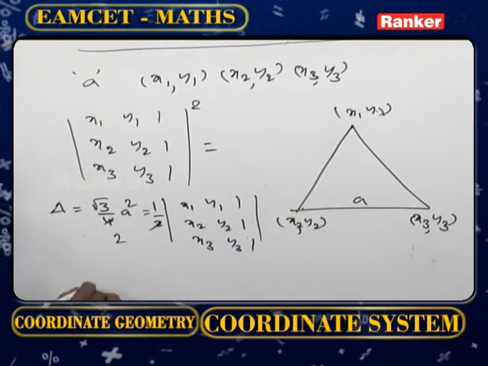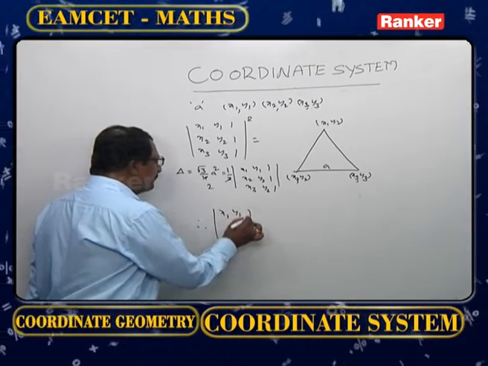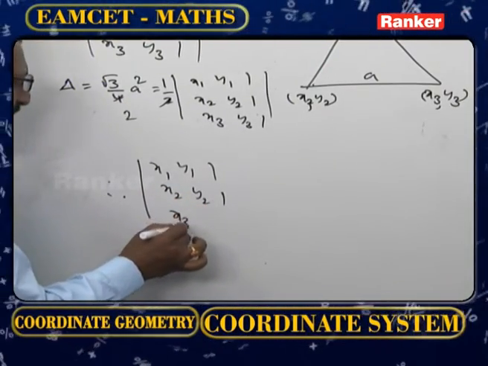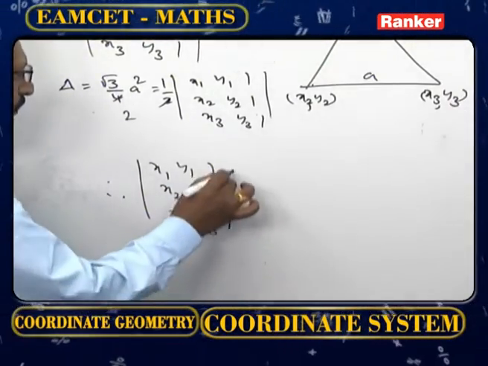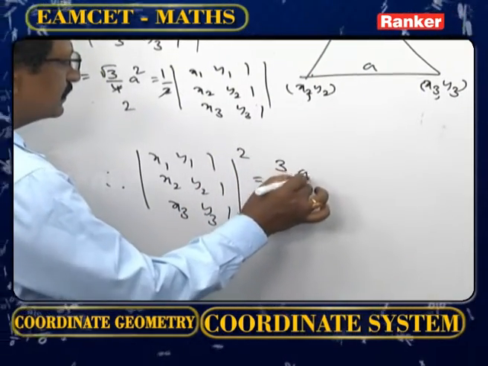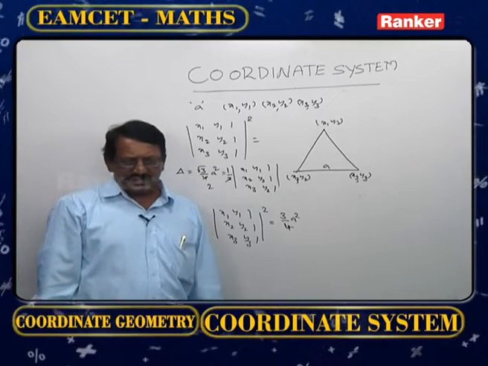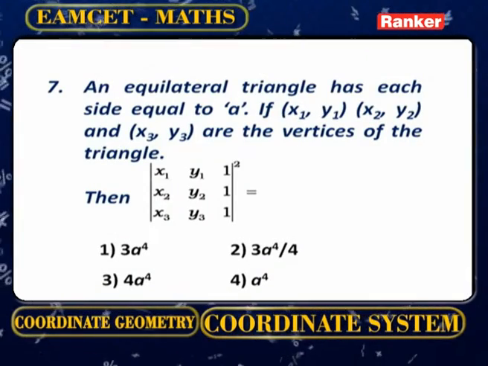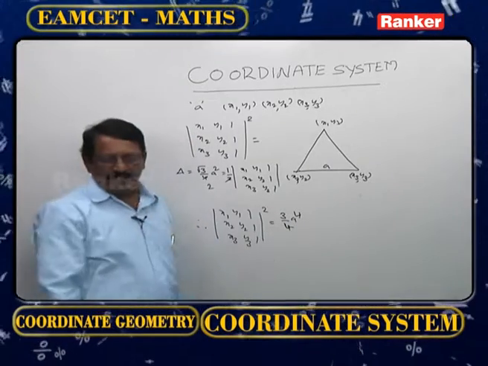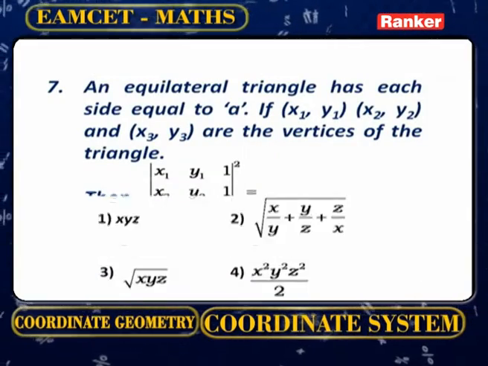Squaring on both sides, we get the determinant of x1 y1 1, x2 y2 1, x3 y3 1 whole square equals 3 by 4 A square, that is 3 by 4 A power 4. So the second option. Next problem.